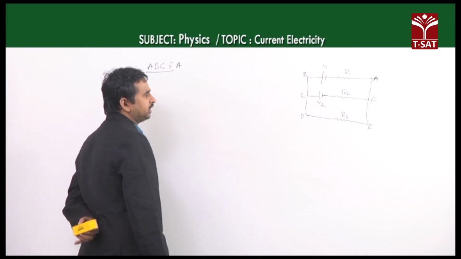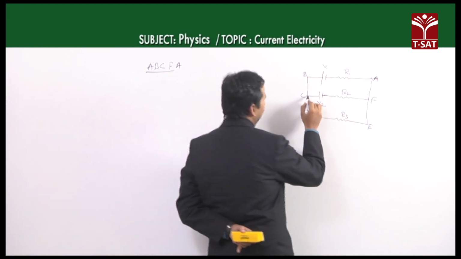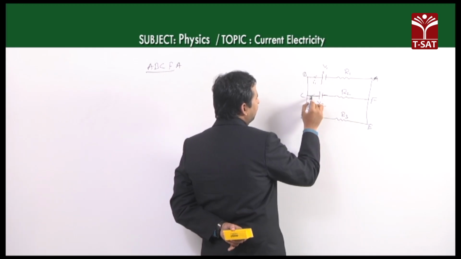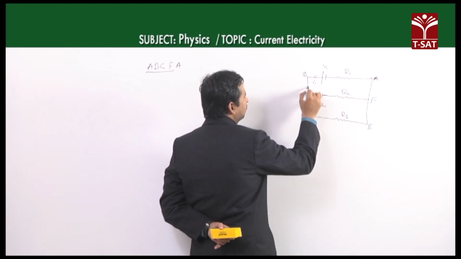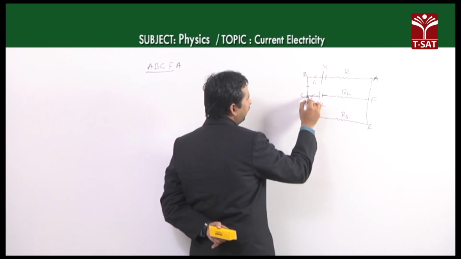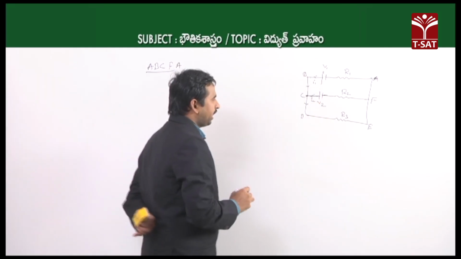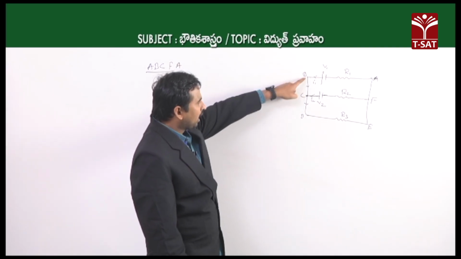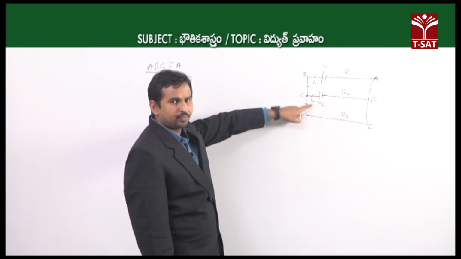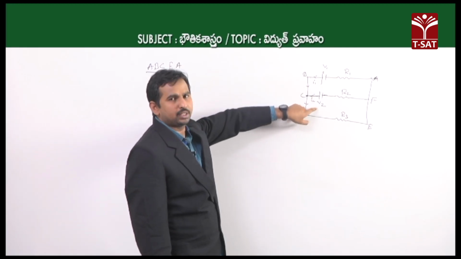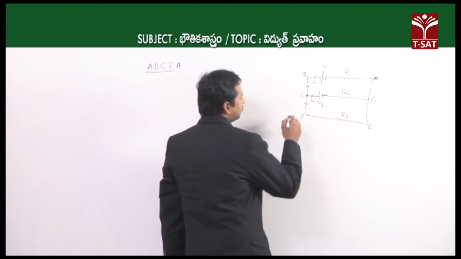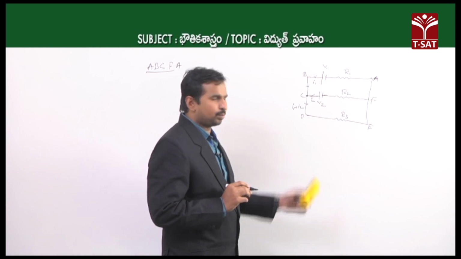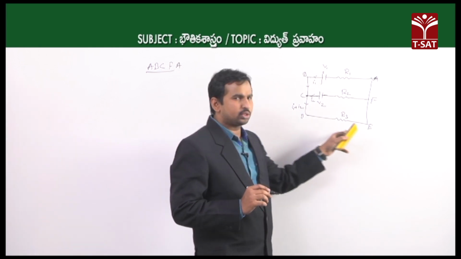Now if you are taking the current directions here, in this case if you observe, then here I1 current is coming, and let us suppose I2 current is coming. This I1 and I2 both are now at this junction C, both are added following the junction law, which is the first one. At this point I1 is incoming, I2 is incoming, then I1 is plus and I2 also plus, then finally we will get I1 plus I2 to the point D, and slowly it is going towards R3 here.